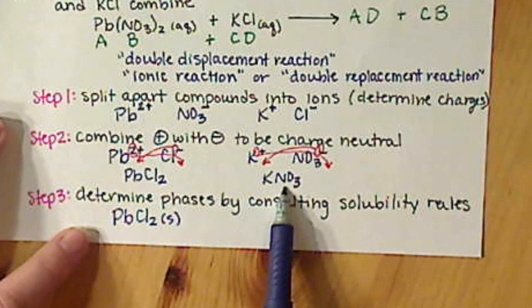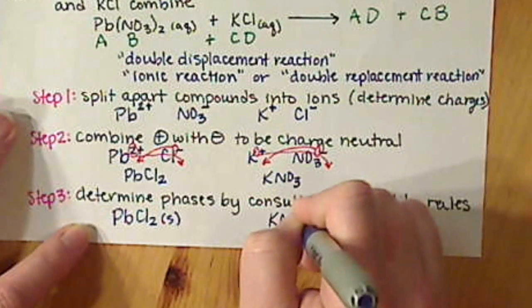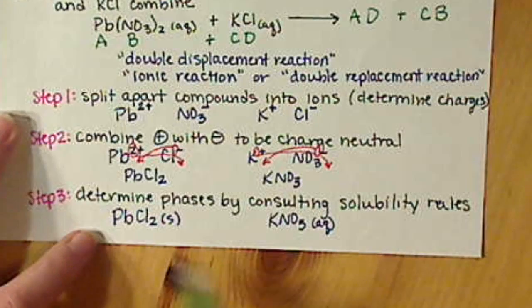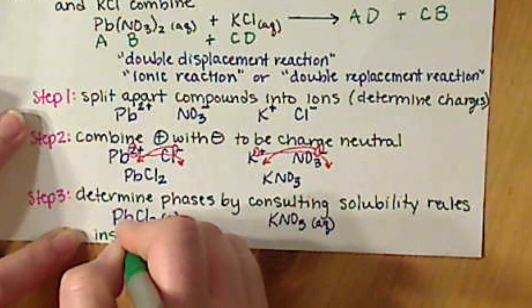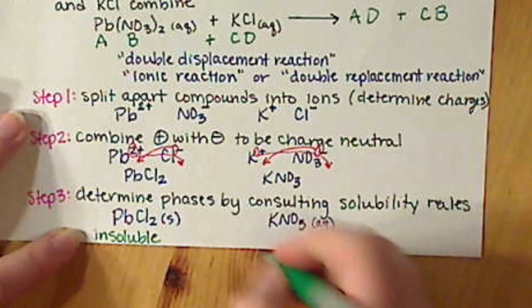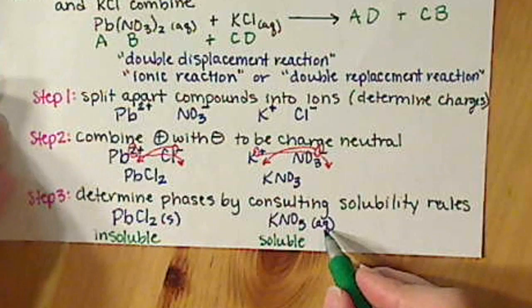And if something is soluble, that means it's going to dissolve in water, so it's going to be aqueous. And again, this is solid because this is insoluble. KNO3 is soluble, and that's why it is aqueous.